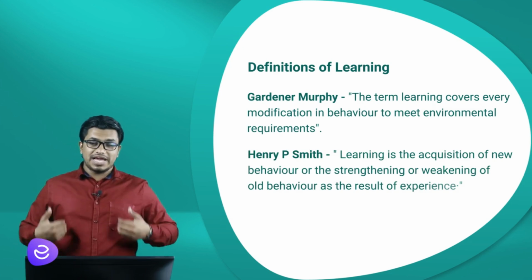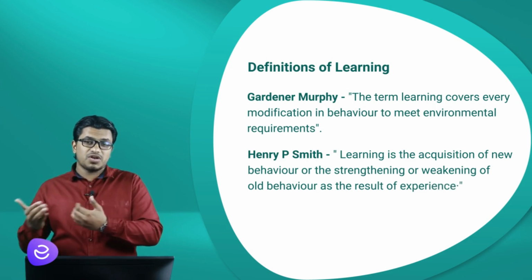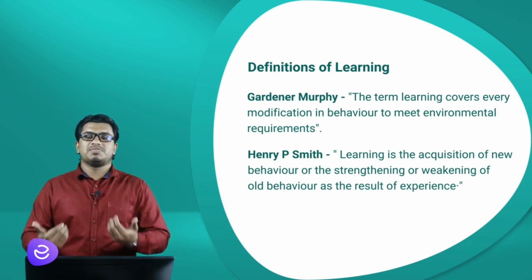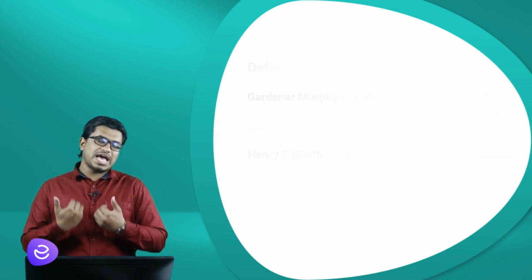So either we get a new behavior or we strengthen or weaken the old behavior that we have, and all this happens because of experience. Learning happens as time goes on. Learning is strongly based on the intellectual level. How much a person can grasp, how much a person can learn, is all based on his intellectual level.